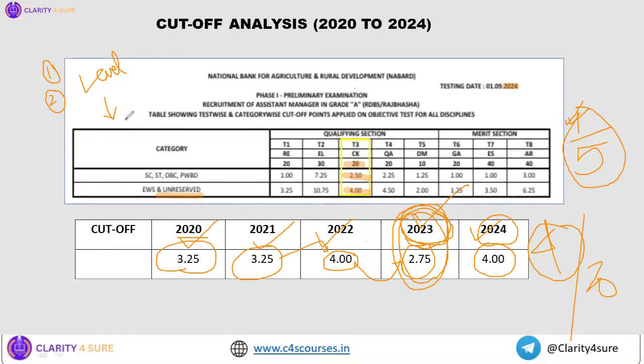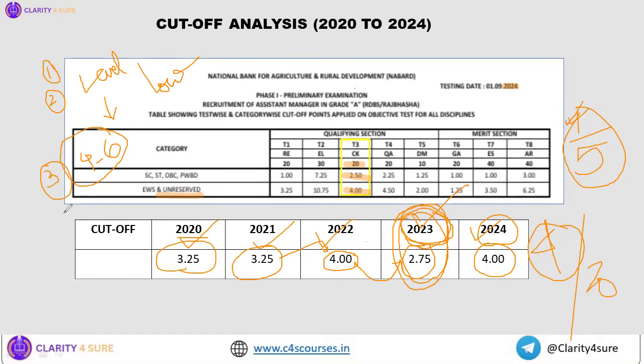Third is that we will take the standard cutoff for computer section to be 4 to 6 marks, because if the level of the examination goes low, then the cutoff will also go up.